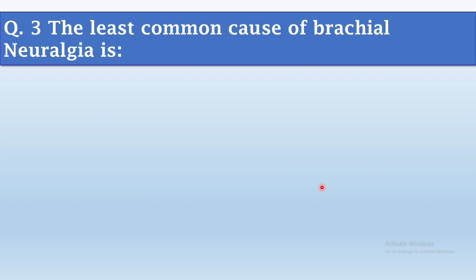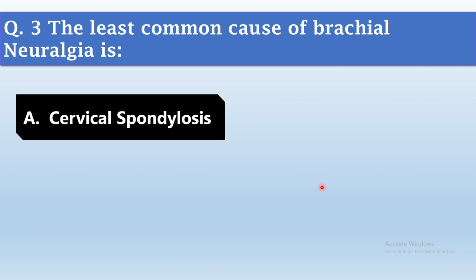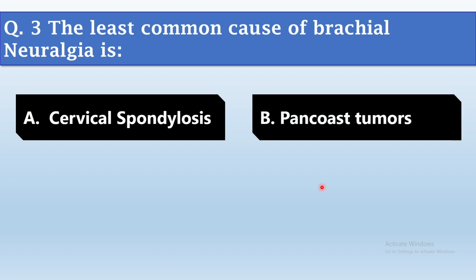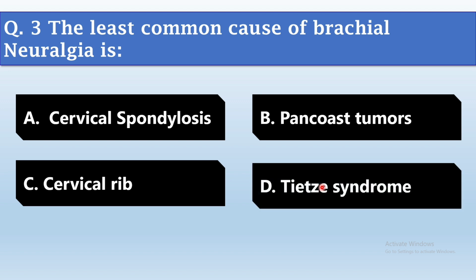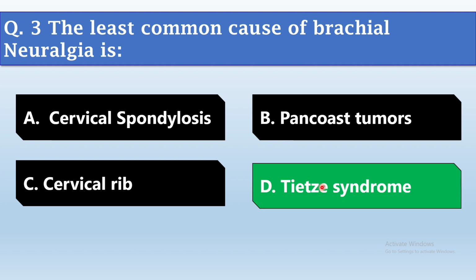Question number 3. The least common cause of brachial neuralgia is option A cervical spondylosis, option B Pancoast tumors, option C cervical ribs, and option D Tietze syndrome. The answer is Tietze syndrome. Cervical spondylosis means degenerative changes of the cervical spine. Pancoast tumor, or superior sulcus tumor, is a lung tumor that affects the apical chest wall.